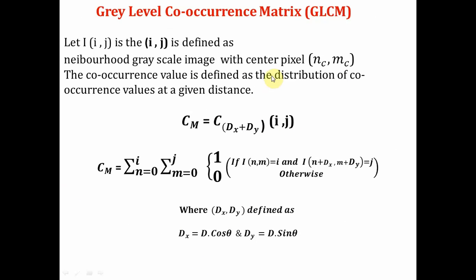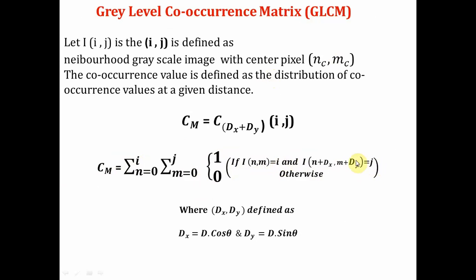Now we'll study the gray level co-occurrence matrix, GLCM. The method is the same. That is, your co-occurrence matrix is defined by the summation. It will be 1 if you are able to find the occurrence of j for i.